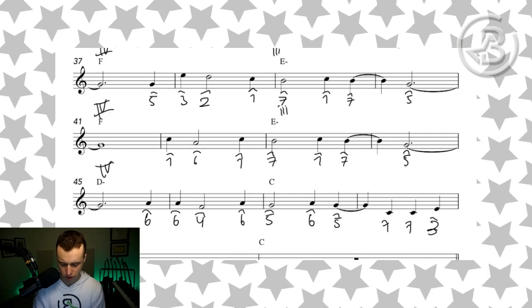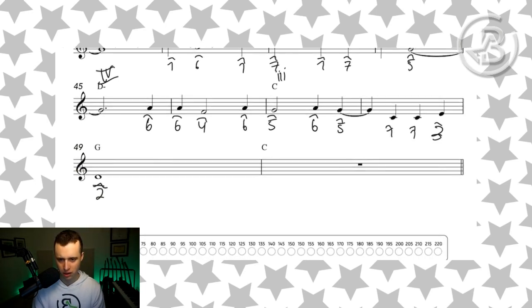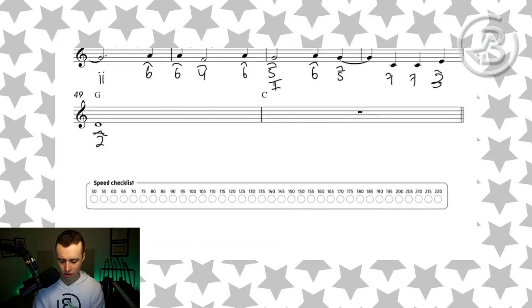Ooh, 4 again. To 3. Again, you can make your writing much neater than mine. D is 2. C is 1. And then we end with a good old 5, 1.